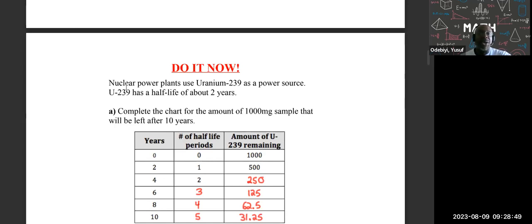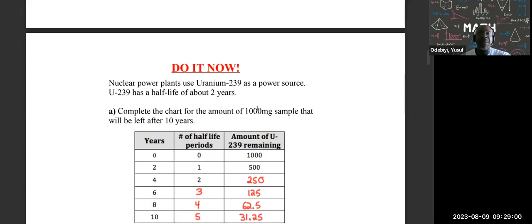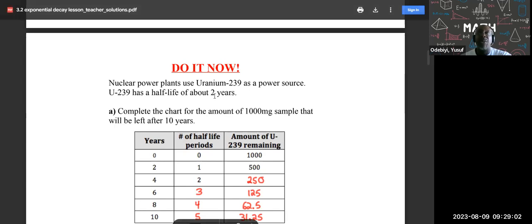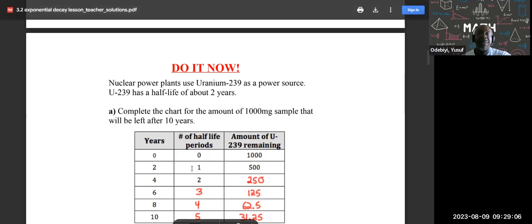Okay. So in this case, you were looking at nuclear power plants using uranium-239 as a power source. So U-239 has a half-life of about 2 years. So that means in 2 years, whatever it started with, 2 years later, it would be half the amount.